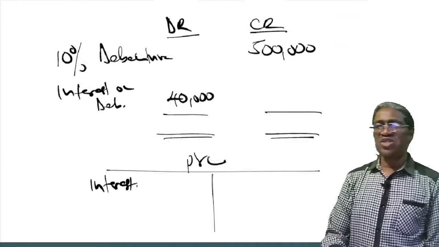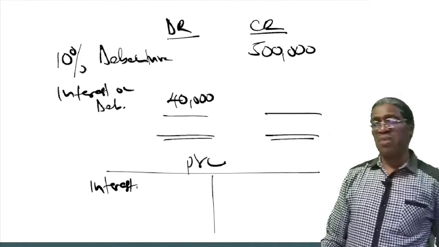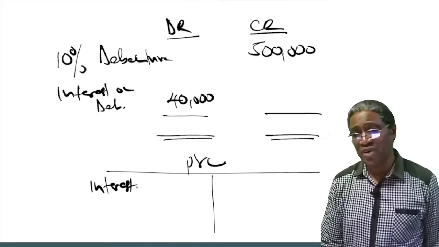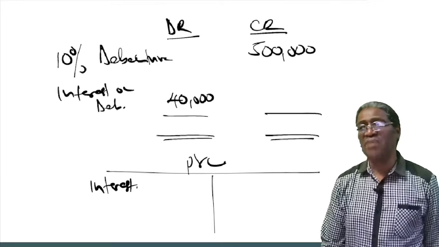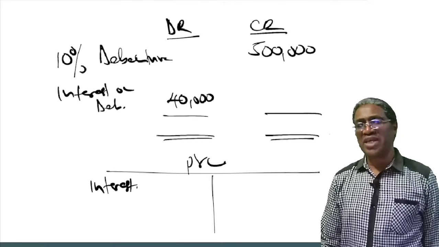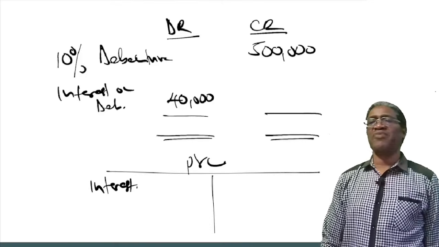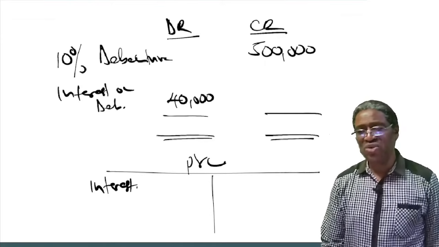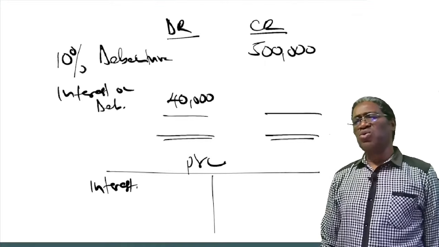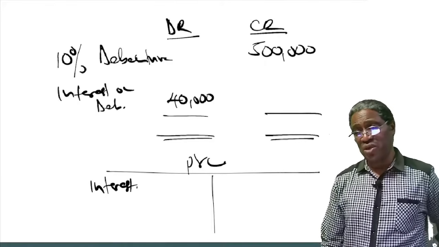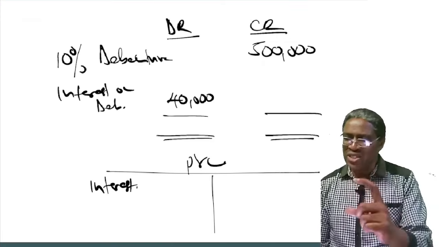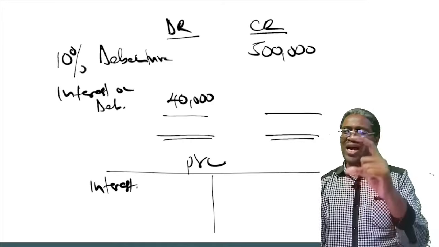You are a company, you are required to prepare your financial statements, and in your trial balance you have a 10% debenture worth 500,000, and then you have interest on debenture. How much were you charging in the P&L account as interest?